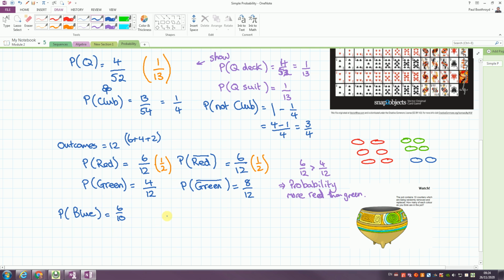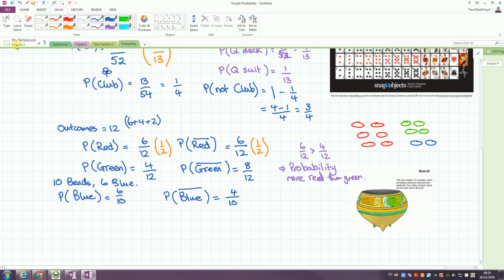From before, we can say the probability of not blue, remember the line over means not, is, well, there's 10 things that can happen, 6 of them blue, that means 4 others are not blue. You could have a different pot which has 10 beads in and 6 are blue.